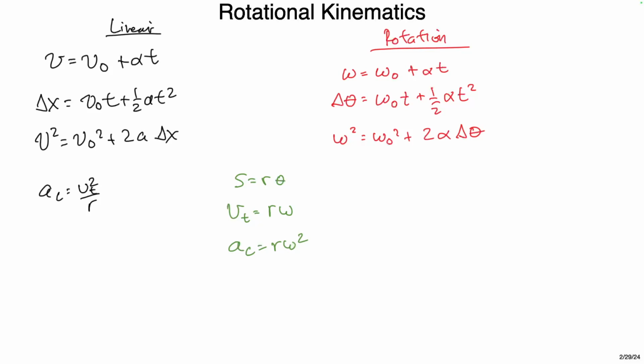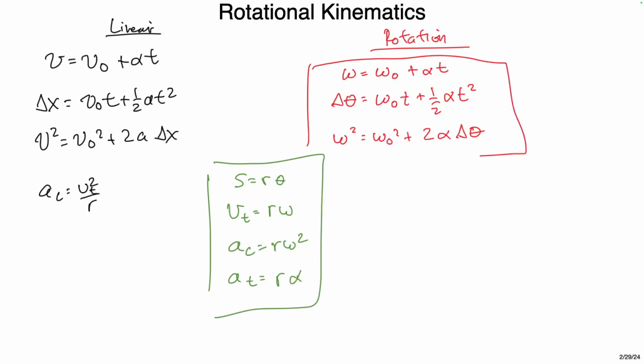Basically, just put v sub t into that equation right there and you get r omega squared. But now there is a new acceleration that we've got to deal with, and that's the tangential acceleration. So in the red and green boxes here, you have what amounts to a toolkit with a couple extra screwdriver tips that you may need along the way for specific situations.